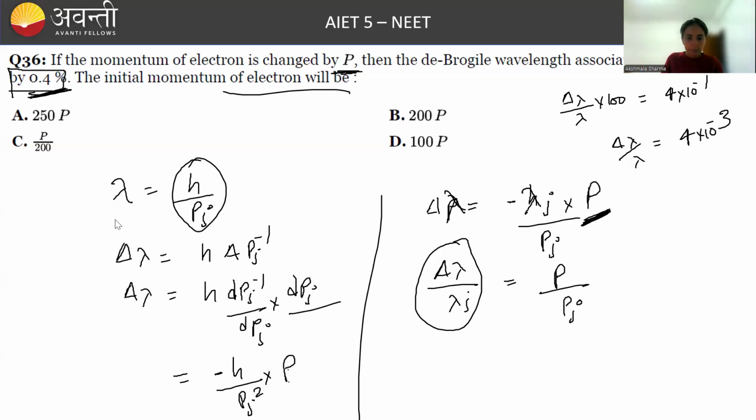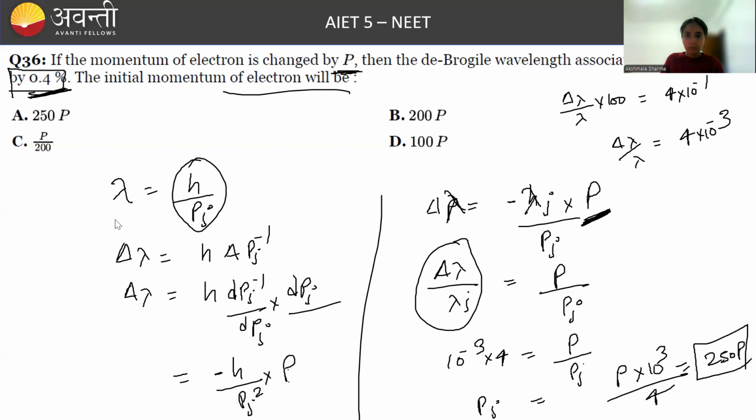This is equal to P by Pi, so Pi is equal to P into 10 to the power 3 divided by 4, which will become 250 P. Nothing else was required, we just needed to do the calculation properly.